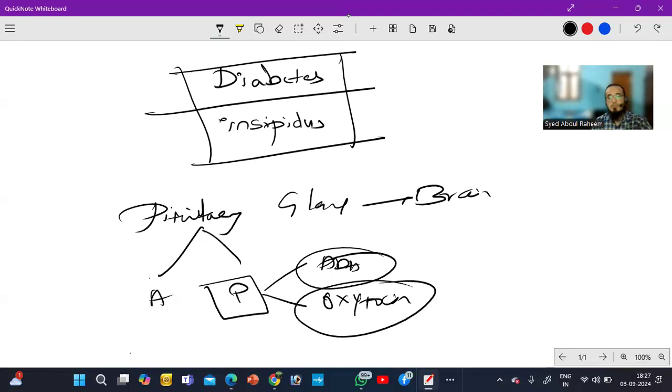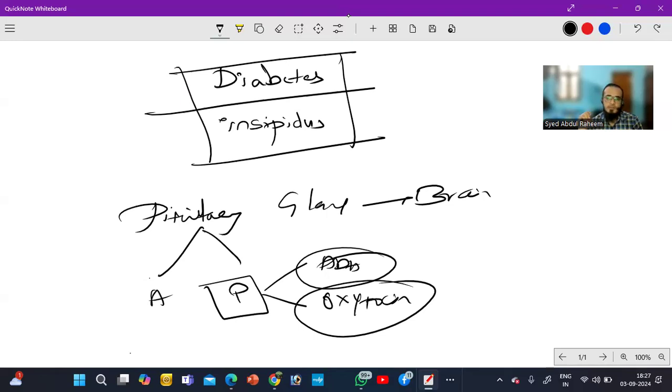One hormone, the anti-diuretic hormone, is important during the release of excess fluid from the body. Whenever excess fluid is released from the body, ADH activates. It works opposite to the release of urine.